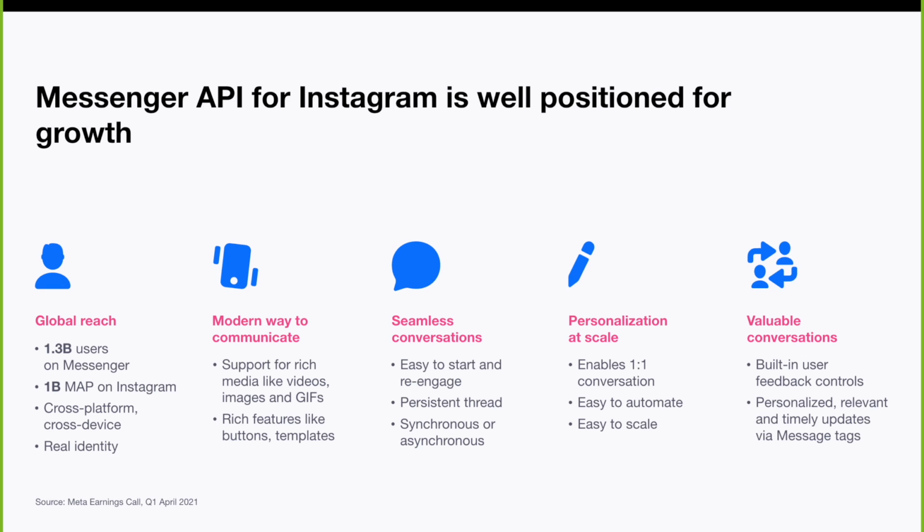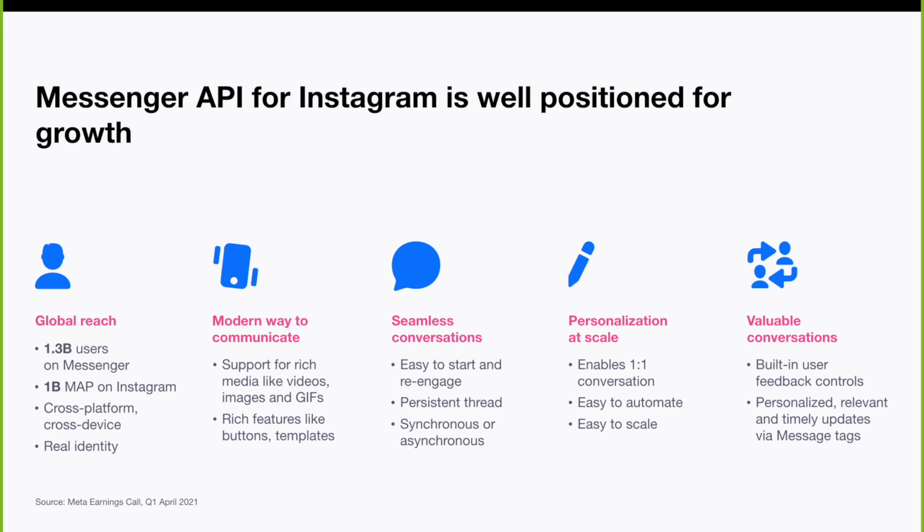Now add on to it the benefits of using the API, which developers like yourself are facilitating. It has support for rich media like videos, images, and GIFs, as well as rich features like buttons and templates. It also gives you the option to communicate in different ways with the user. There is a persistent thread that can be used to check the history of the conversation.